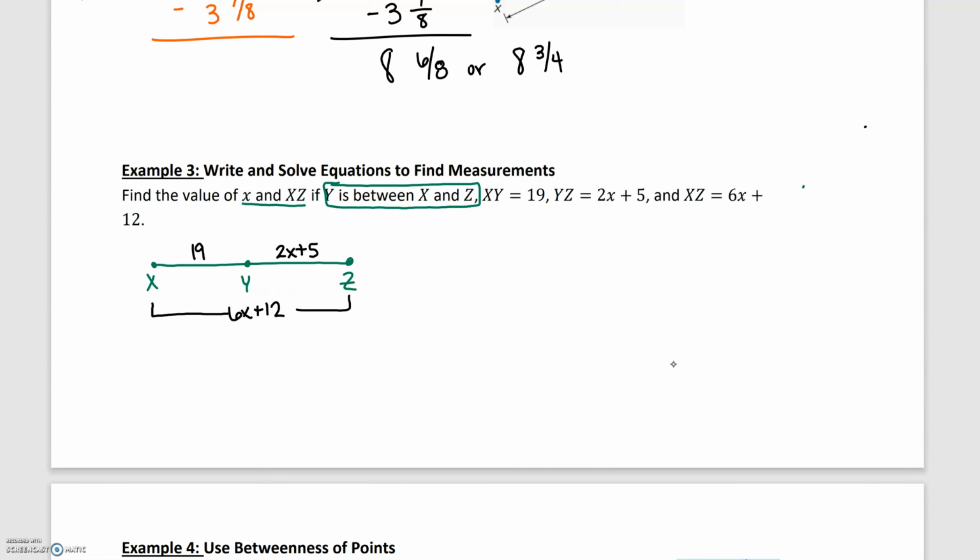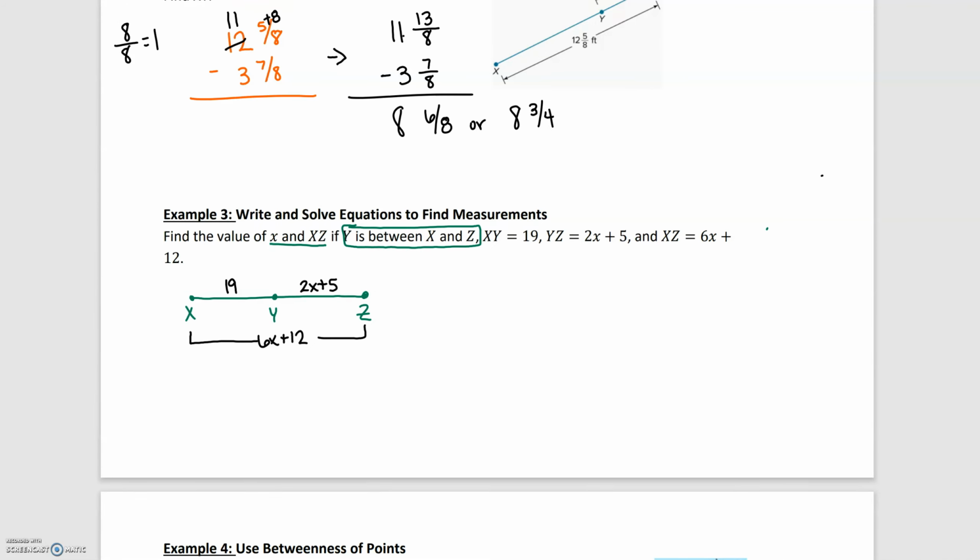And so just like up above, we now are going to be adding our segments, so left plus right, but this time we have the total, 6x plus 12. So we are going to be putting our 19 plus our 2x plus 5, the left plus the right, equal to the whole, which is 6x plus 12. And now we're going to combine like terms, the 19 and the 5.